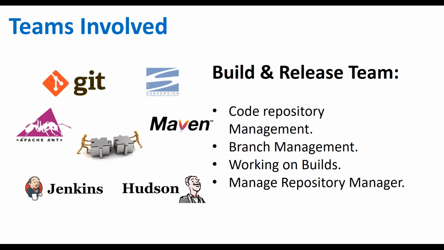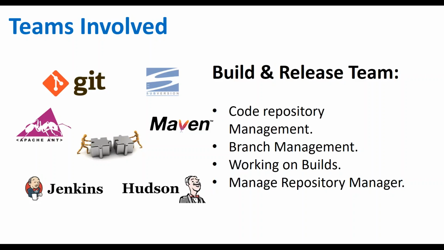Now the next team that comes into the picture is the build and release team. What these guys do is make the builds and release them. Whatever code is developed by the developer, a Java code, needs to be compiled, and it has to be put on the application servers.